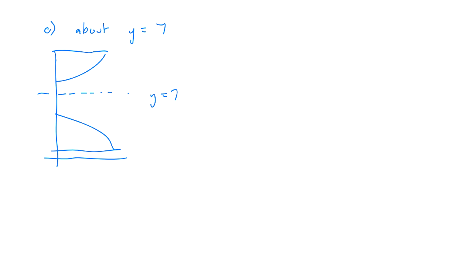But now, since this is the middle, the y equals 7, when I look at the radius, this will be my R1, and this will be my R2. And again, we'll have area is equal to pi r squared. Someone asks, why is the shape upside down?